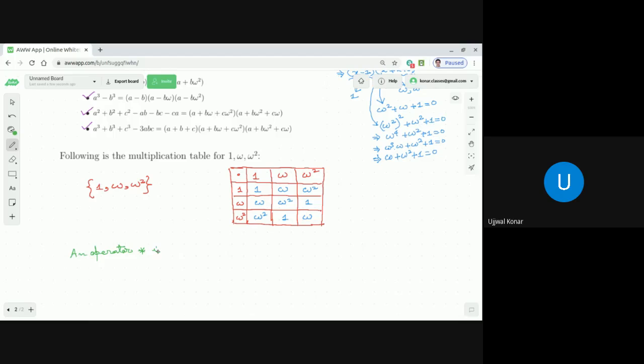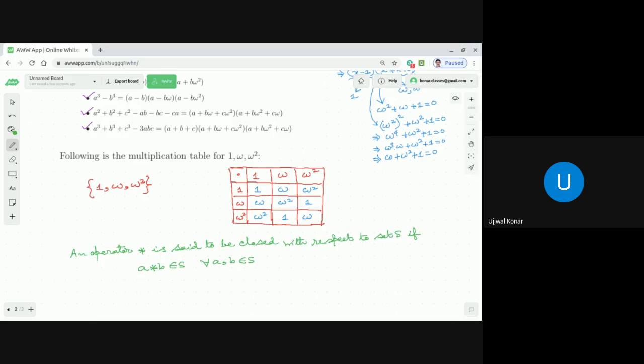An operator is said to be closed with respect to a set S if A star B belongs to S for all A, B belonging to S. You can compare this statement with the multiplication table I have done.